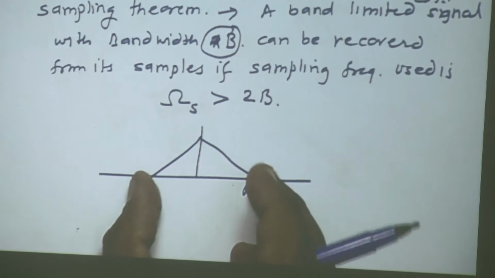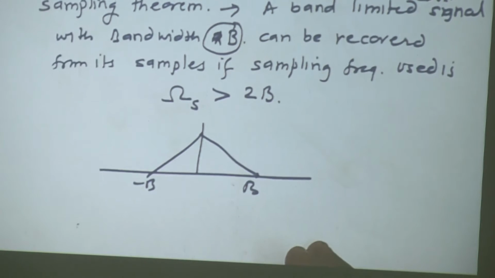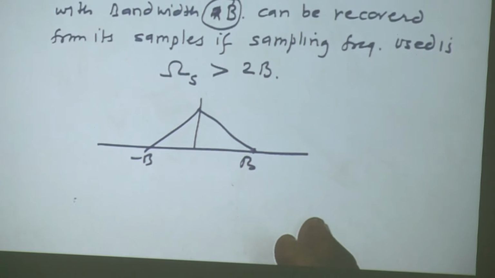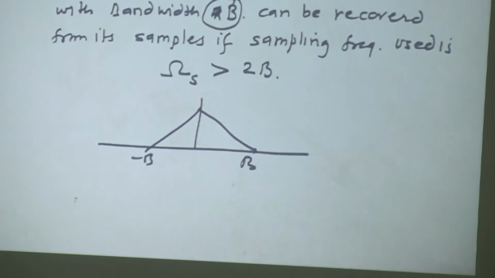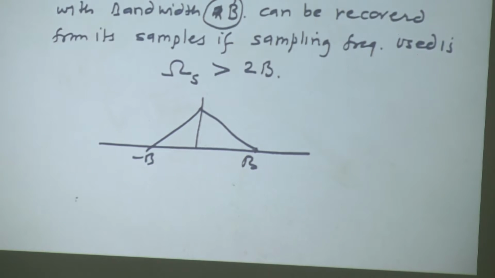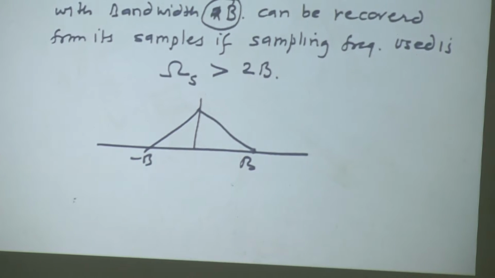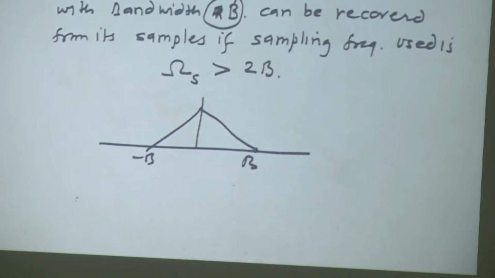This is the Fourier transform of a continuous time signal. The sampling theorem states that if such a signal is sampled at a frequency omega s greater than twice b, then I can recover the original continuous time signal from the sampled values.